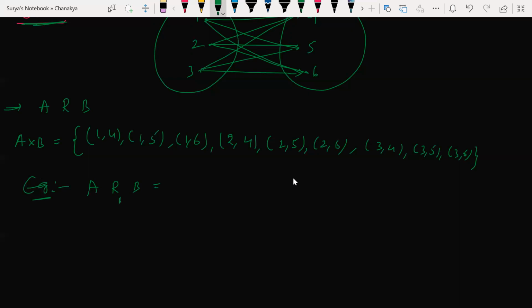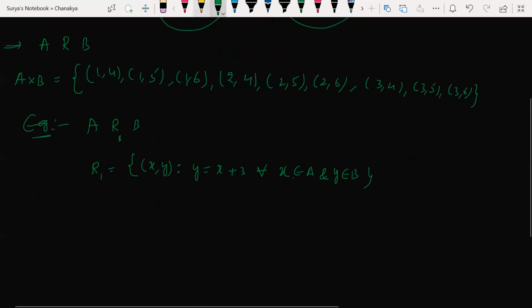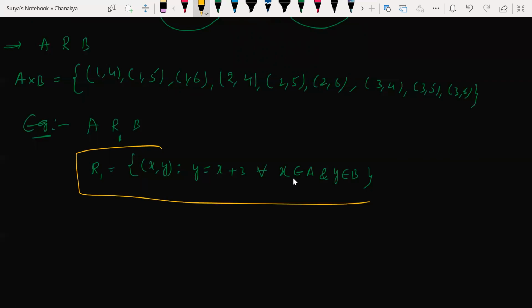Let's say that R1 is {(X, Y) such that Y is equal to X plus 3, for all X belongs to A and Y belongs to B}. What is the meaning of this? How do you read this? What is this form actually called? This is set builder form, correct?